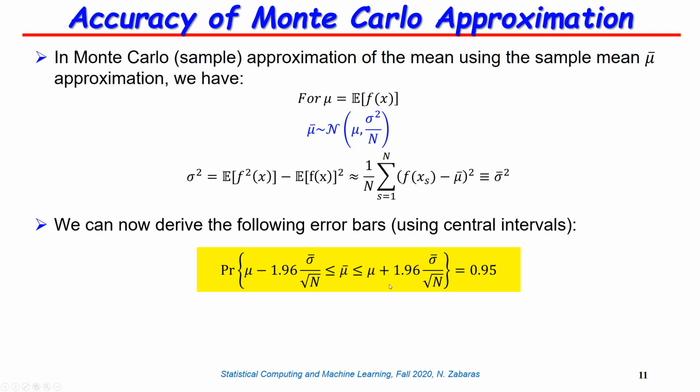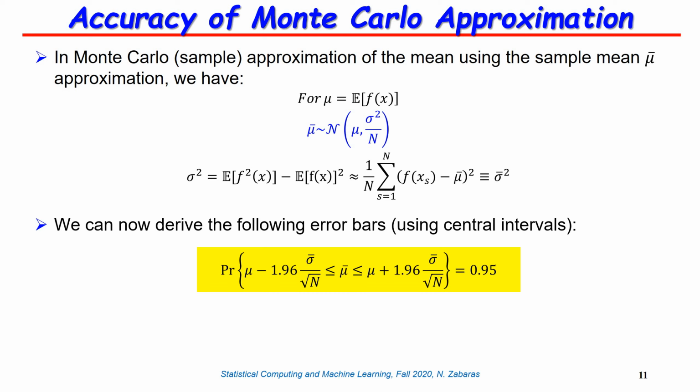So plus minus approximately 2 times the standard deviation that I have here. That interval is the 95% probability central interval. So effectively, this 1.96 sigma bar over square root of n gives you an idea of the error that you make when you approximate the true mean with the empirical mean.